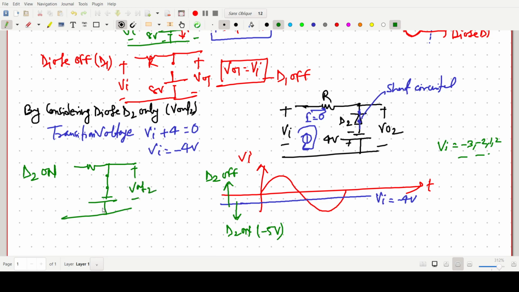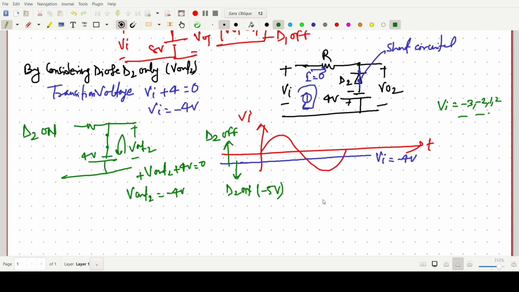Say V output 2 and this one is 4 volt. So when D2 is on, V output 2 plus 4 volt equals 0, so V output 2 equals minus 4 volt.